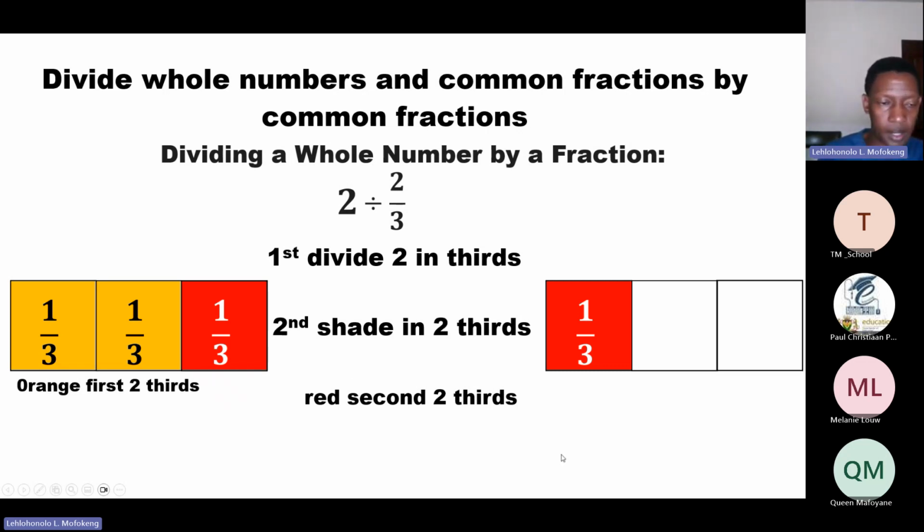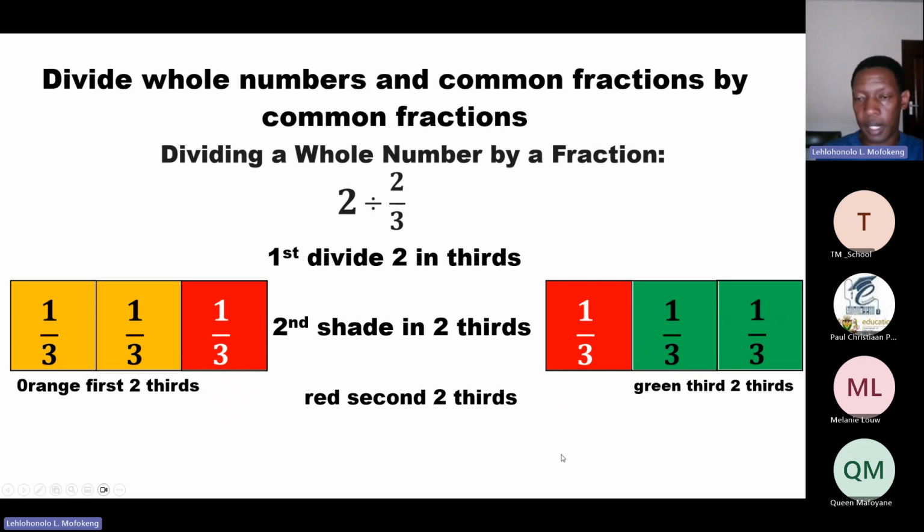And then the last one, we have used the green color to show the third 2/3. So we are having the first one as orange, the second one as red, and the third one as green. Now we can count how many 2/3 we have.